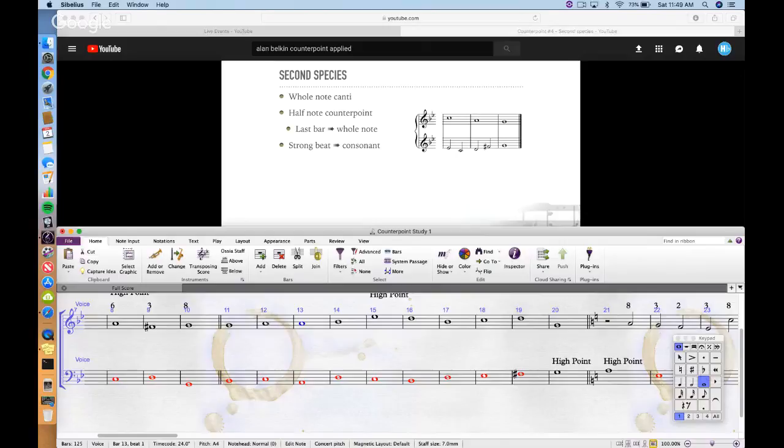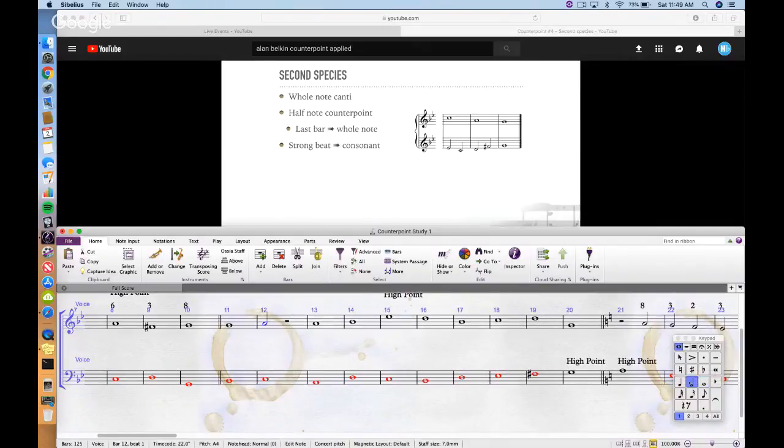You can do this because now you can create a neighbor tone, A, G, and then back to A. So that is okay to create the same note. In fact, it's the only way to create a neighbor tone. This is a lower neighbor tone, and that's an upper neighbor tone.